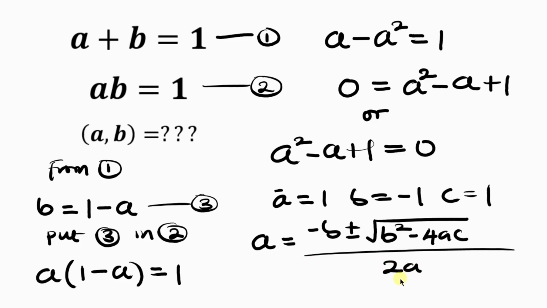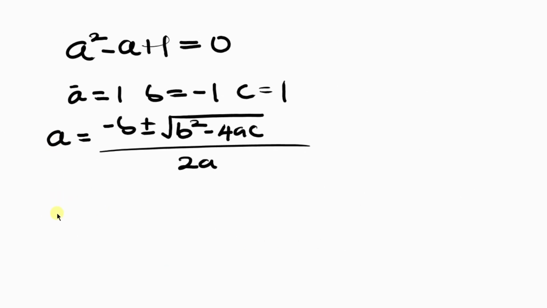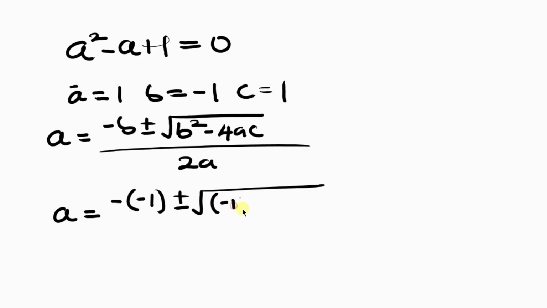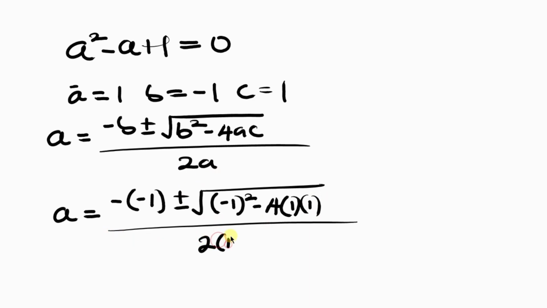Now let's substitute into our quadratic formula. On substituting, we have a to be equal to negative b is negative 1, so I'm going to be putting negative 1 inside a parenthesis representing b, plus or minus the square root of b squared, so that will be negative 1 squared, minus 4 times a is 1, times c is also 1, all over 2 times a, that will be 2 times 1.